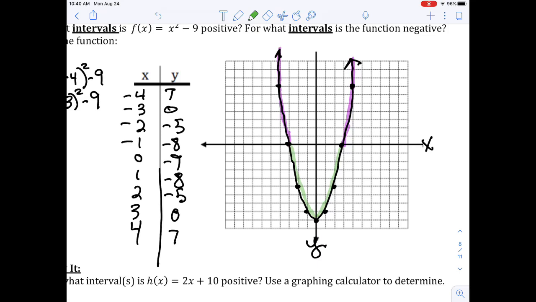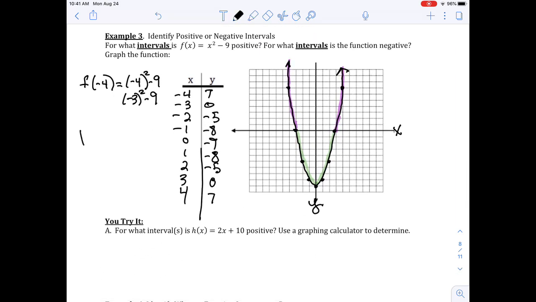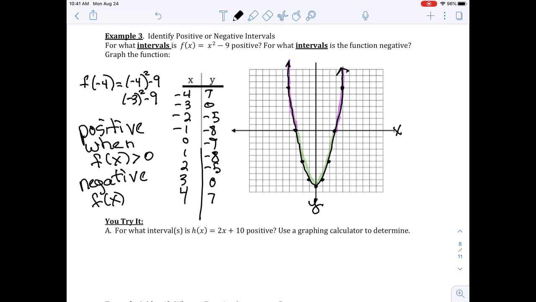So when you are asked for what intervals is the function positive, the function is positive when it is above the x-axis. When is the function negative? When it is below the x-axis. Now, algebraically, it looks like this. It is positive when f of x is greater than 0, and it's negative when f of x is less than 0.